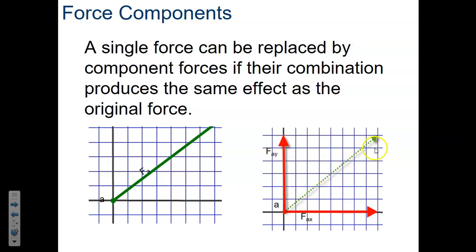We can take this diagonal vector and replace it by a vertical component and a horizontal component. That's important in this unit because, again, the ups and downs have to cancel, and the lefts and the rights have to cancel.